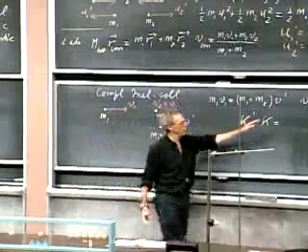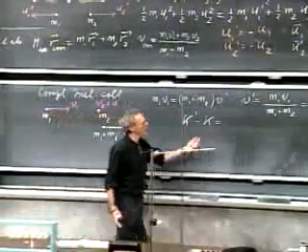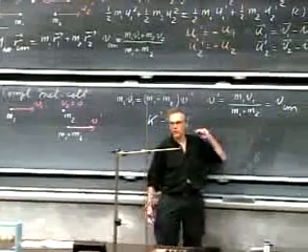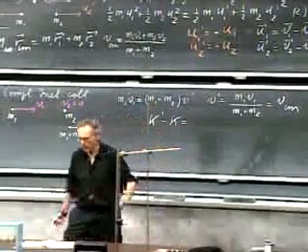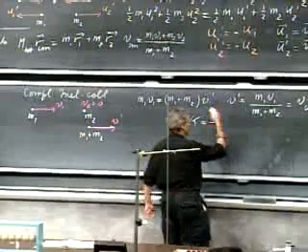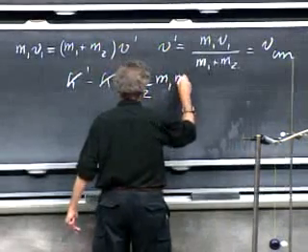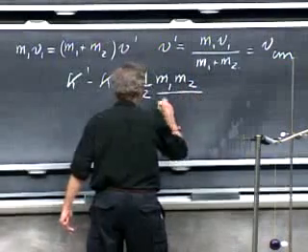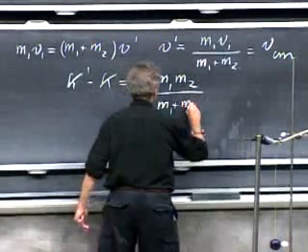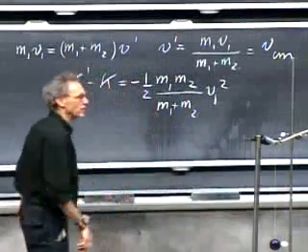I calculated V prime, and so you have to take half this mass, multiply it by this velocity squared. I'm sure you can do that, and you will see that this equals, if you massage the algebra a little bit, minus 1/2 m1 m2 divided by m1 plus m2 times v1 squared. That's what you will find.